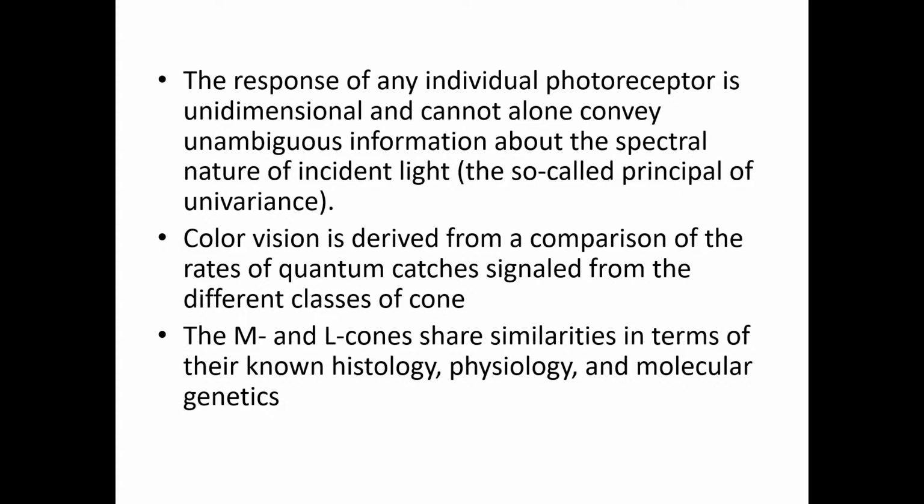Color vision is derived from a comparison of the rate of quantum catches. So it is nothing but a comparison of the rate of quantum catches signaled from the different classes of cones. The M and L cones share similarities in terms of their known histology, physiology and molecular genetics.